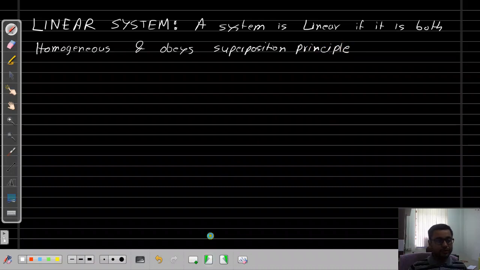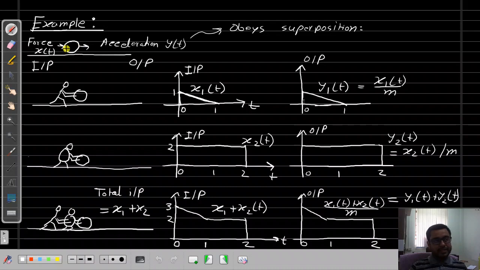So in the previous example, this is both homogeneous and obeys superposition principle.